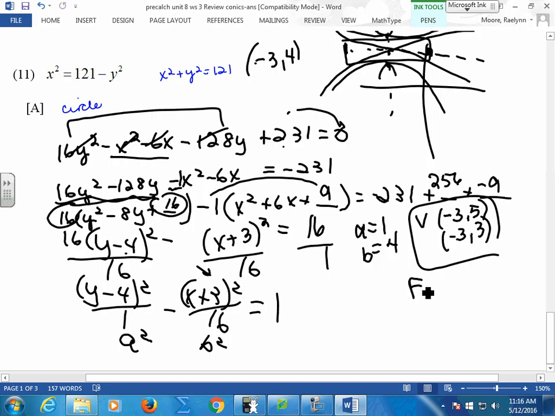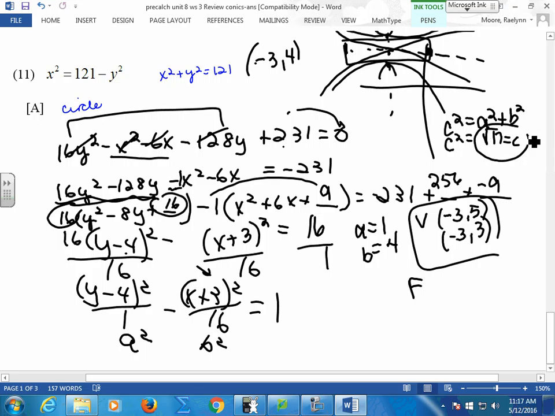Now my foci uses which letter? C. So I use a squared plus b squared because I want this thing to be greater than my a. I'm going to push it out of that little box. So c squared equals 1 plus 16, so the square root of 17 is c. Good.